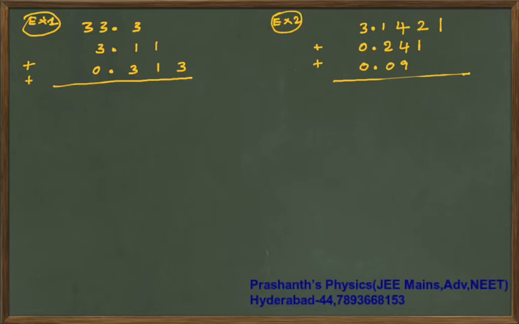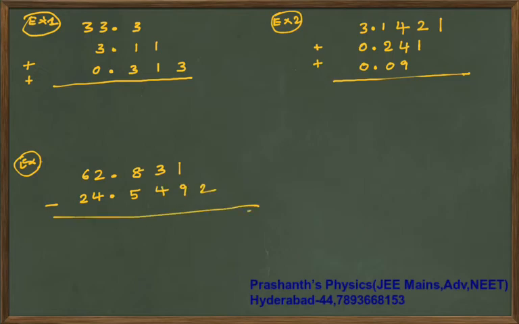Okay, right? Next, third one is 62.831 minus 24.5492. Come on, give the answers. I am waiting.